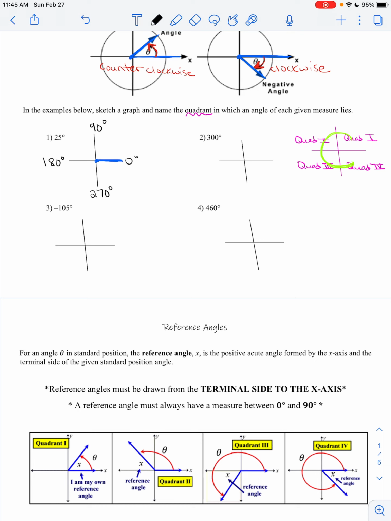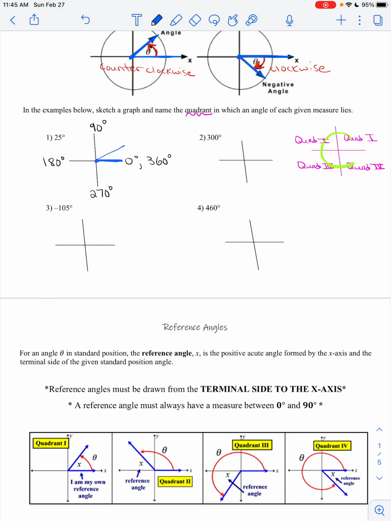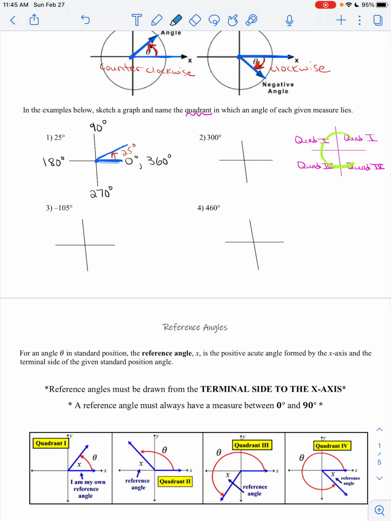So that's how I'm labeling this. If I'm trying to draw an angle of 25 degrees, it's going to be maybe ending somewhere right here. And I want to show that since my angle is positive, I'm rotating counterclockwise. So this would be my angle right here of 25 degrees from here to there.